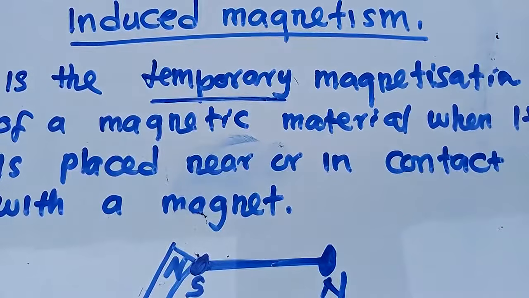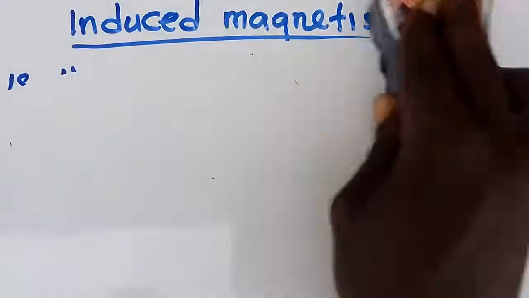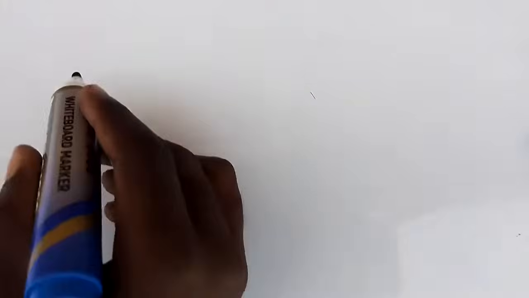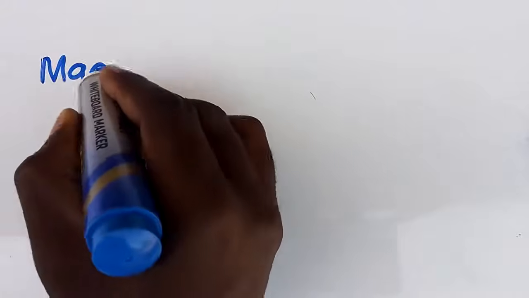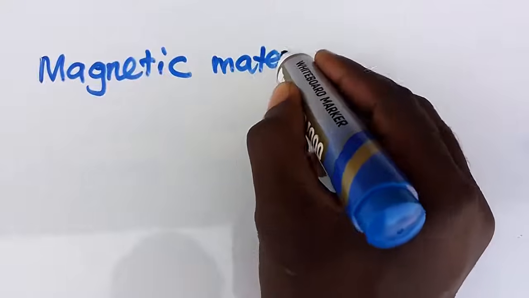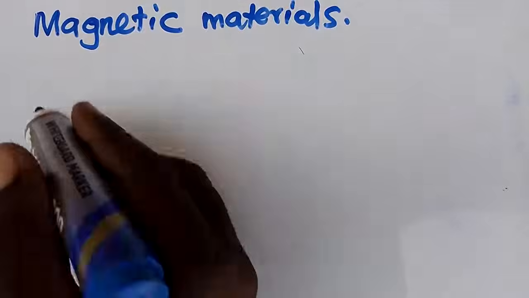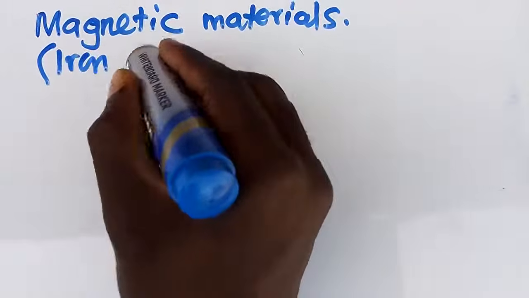We are just going to focus on two, and these usually come in your exams under magnetic materials. We are going to talk of iron and steel.